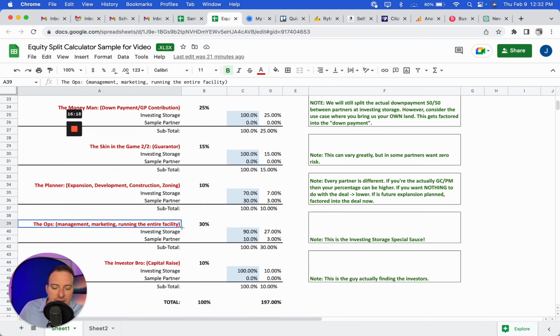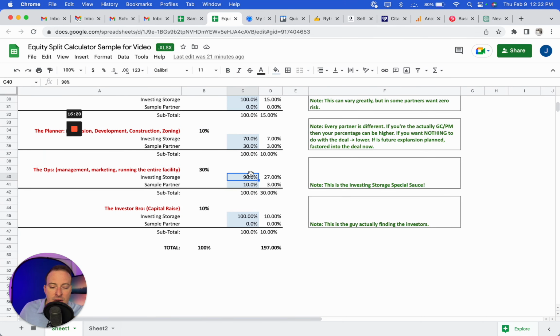Who's actually running the facility? You see, this is 30% of the deal. This is Investing Storage. This is where the facility lives or dies. And I mentioned this before. I know poorly run facilities, and honestly, one of the best things I've ever seen or been a part of was a facility that really wasn't run properly by a team that I thought was a pretty good team.